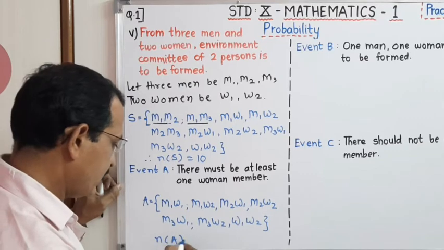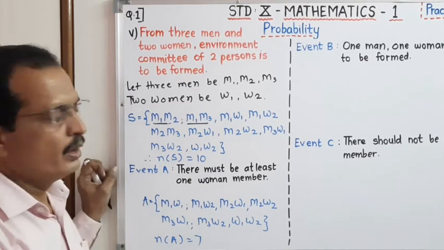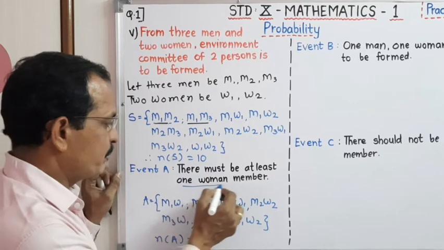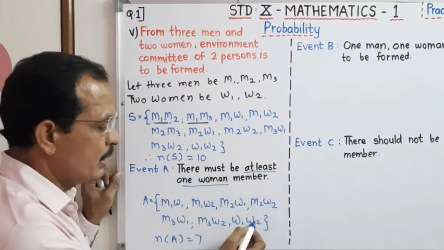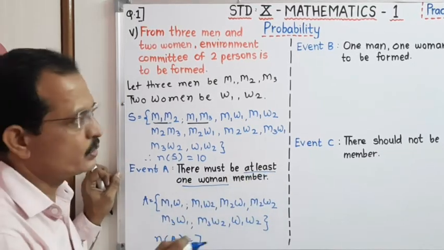Number of event A is equal to 7. At least one woman member means minimum 1, maximum 2 women.